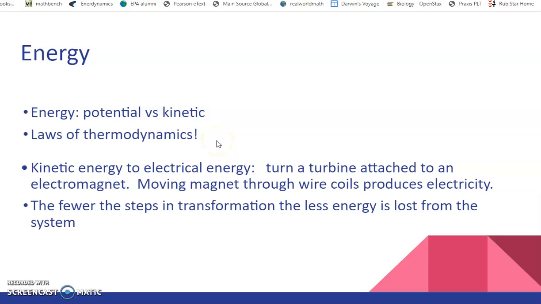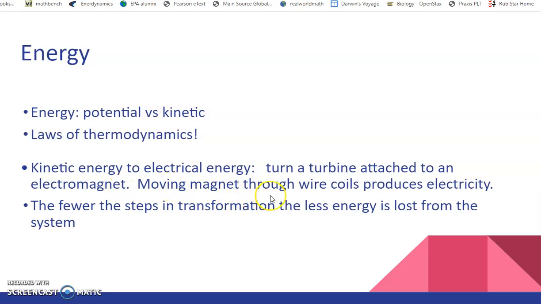And that's what a lot of our discussion of how these energy sources are used, we're going to talk about how it's transformed from one type to the other. A big part of that is transferring the kinetic energy to electrical energy. So basically, what you're going to do in almost all of these types is figure out a way to turn a turbine that's attached to an electromagnet.